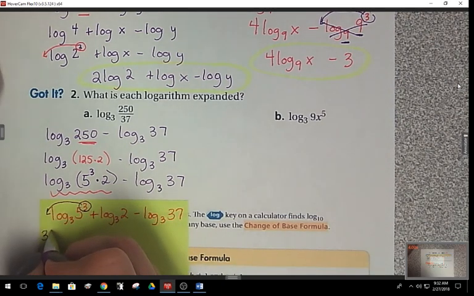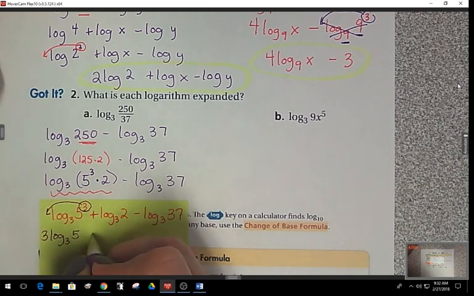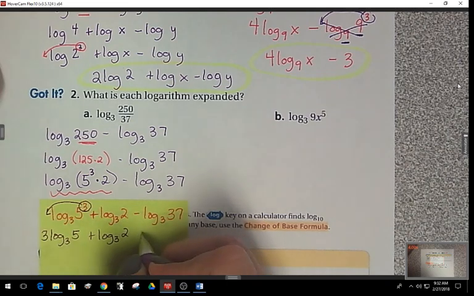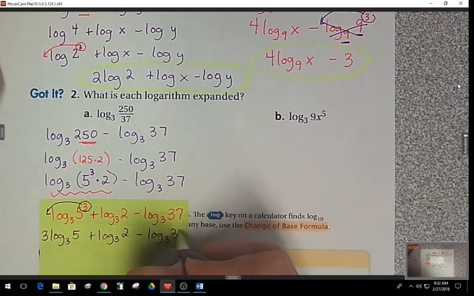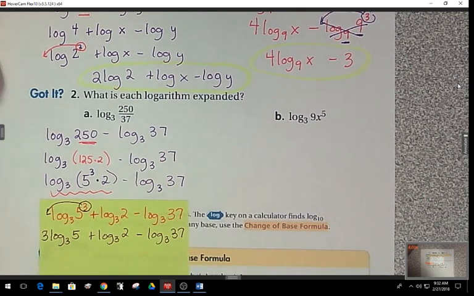And I get 3 times log base 3 of 5 plus log base 3 of 2 minus log base 3 of 37. And that is your completely expanded answer for this question.